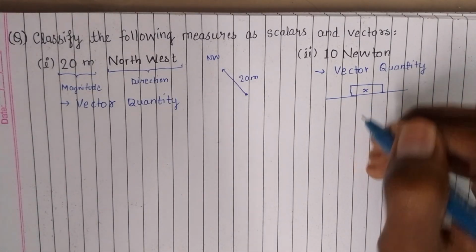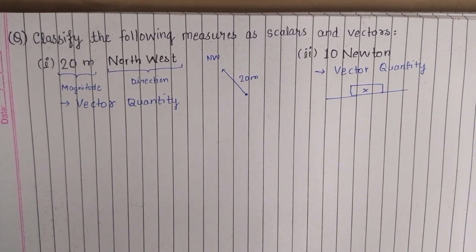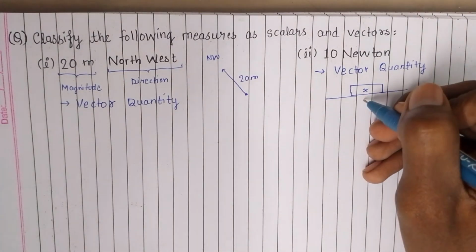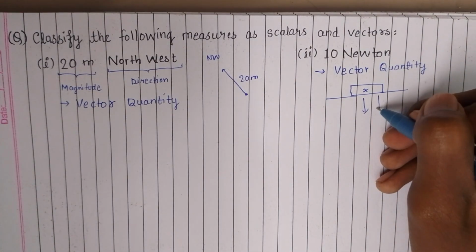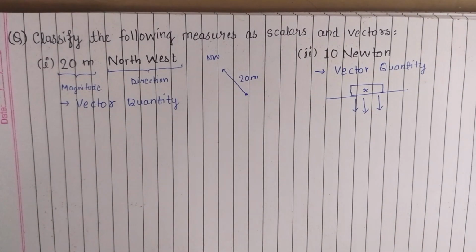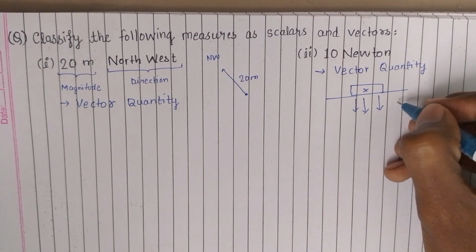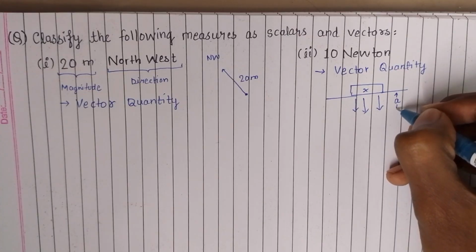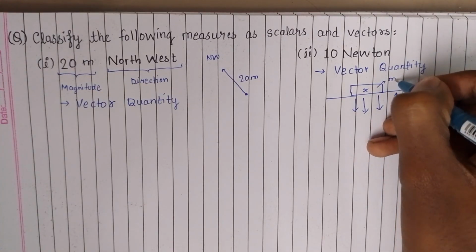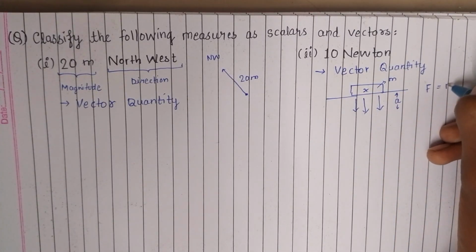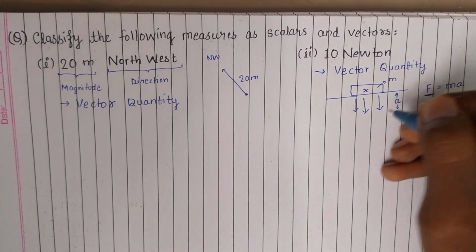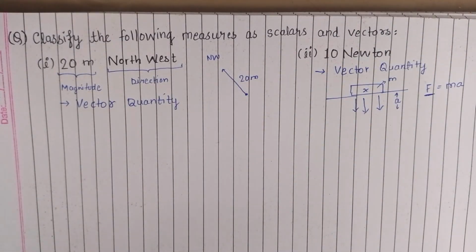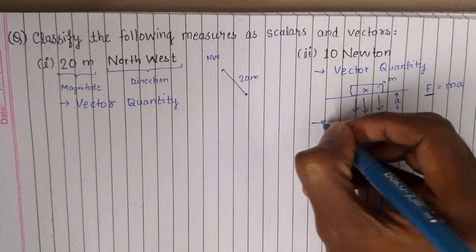So how do we calculate force acting on that object even though it is at rest? The earth is pulling that object towards itself. That's why it has some acceleration and it has some mass too. And when we multiply both, we get force. So here, when I say 10 Newton, it means 10 Newton with respect to the direction of acceleration. So it's a vector quantity.